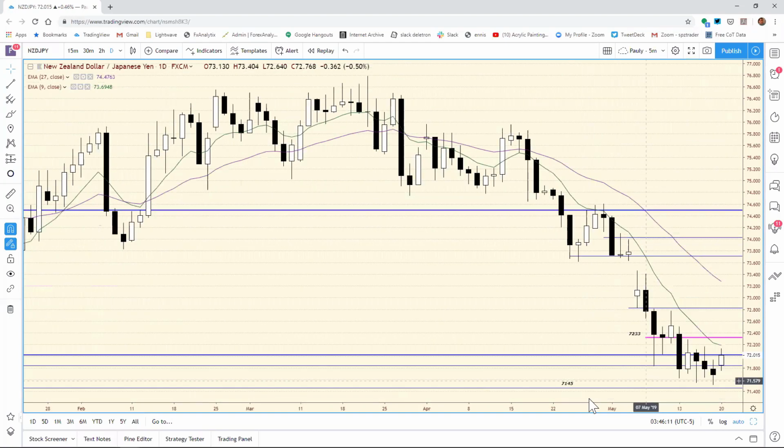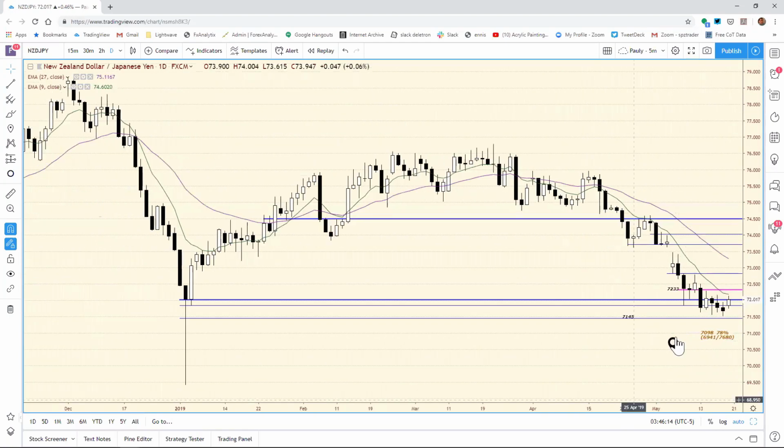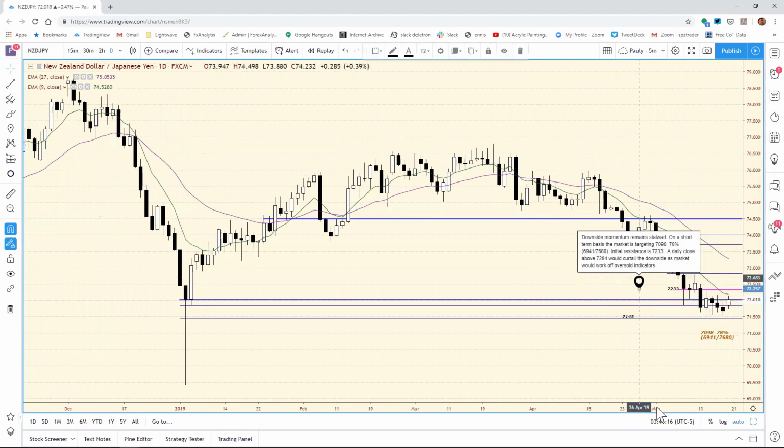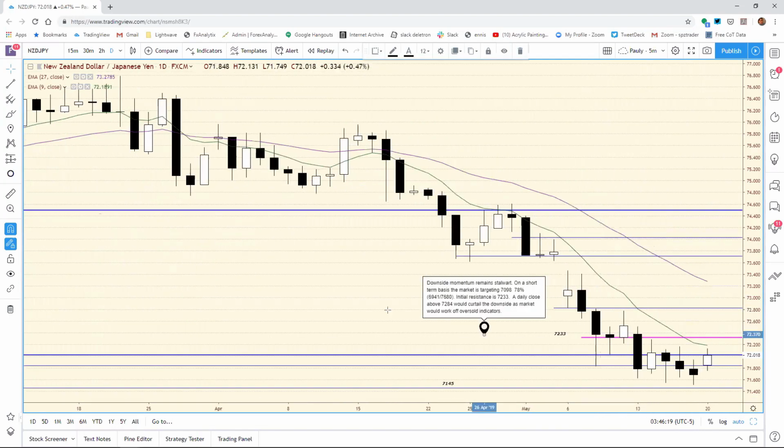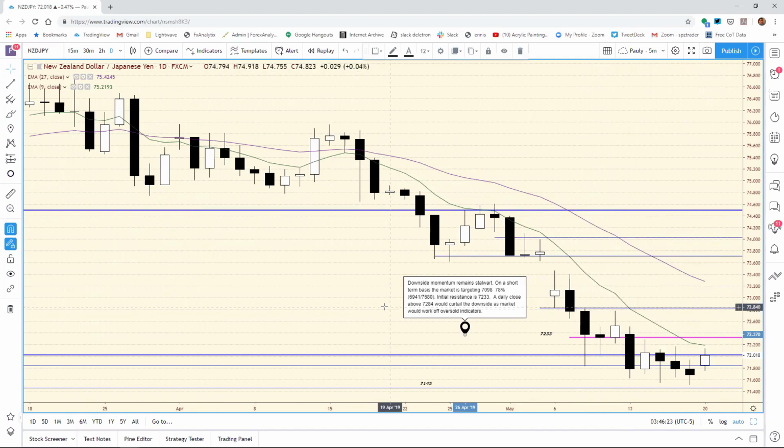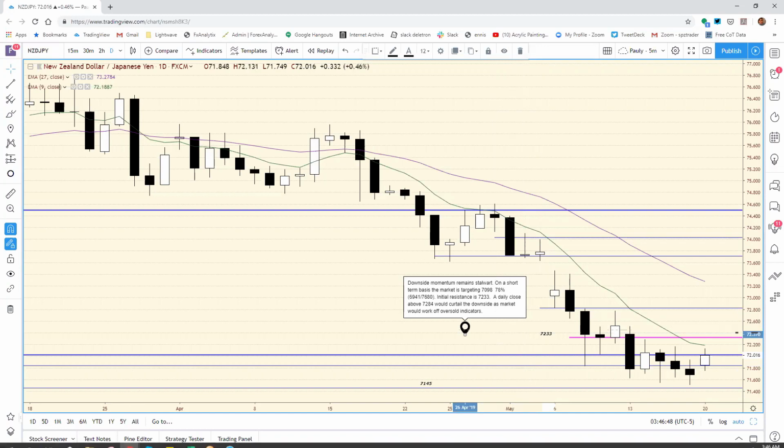Yeah, I haven't seen that much of a change here. Move this up in here. Downside momentum remains stalwart. On a short-term basis, the market is targeting the 70.98, which is a 78% of the 69.41, 76.80. Initial resistance is 72.33. You see that comes in right there. A daily close above 72.84 would curtail the downside. This market would work off oversold indicators. So 72.33 is going to be immediate resistance here.